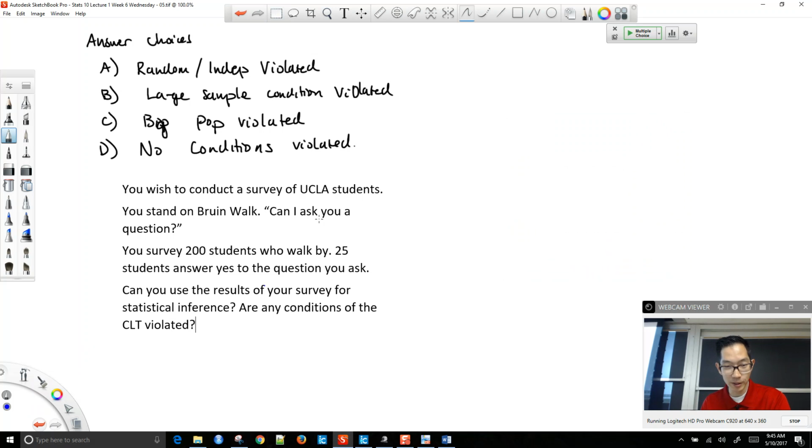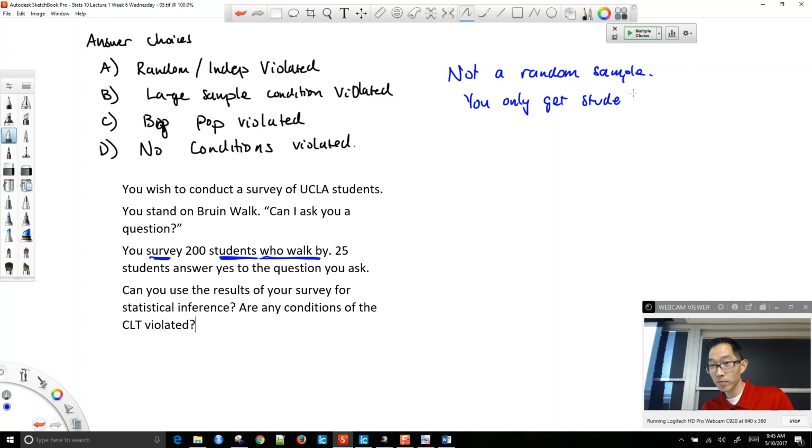The problem here is you survey students who walk by. So this is not a random sample, because effectively you're only going to survey students who walk on Bruin Walk, so you only get students who walk past your location.